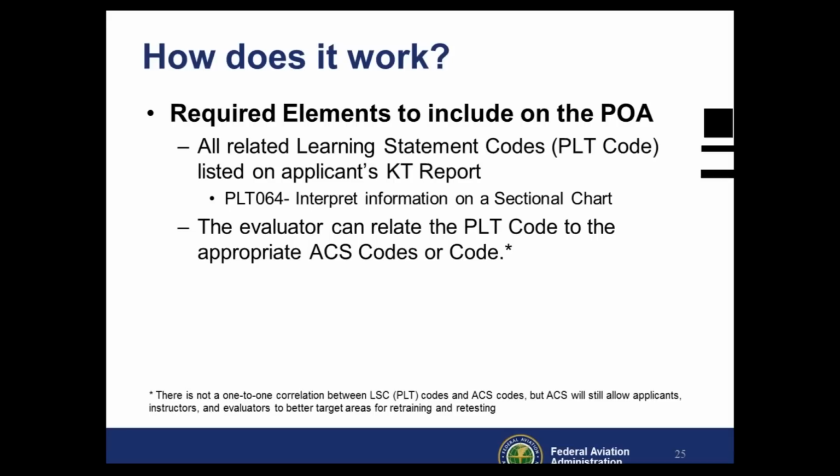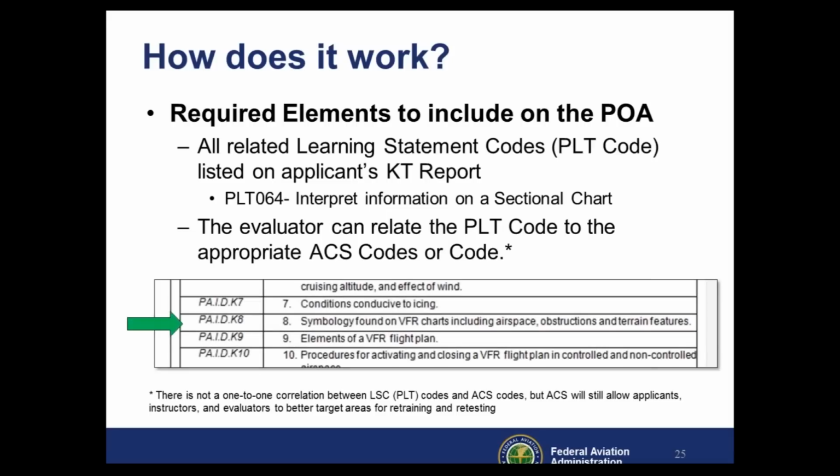In this case, because there's not a one-to-one match of PLT codes to ACS codes, just like there wasn't a match of PLT codes to PTS elements, the designee has to do a bit of review in the ACS to find the appropriate matching concept.